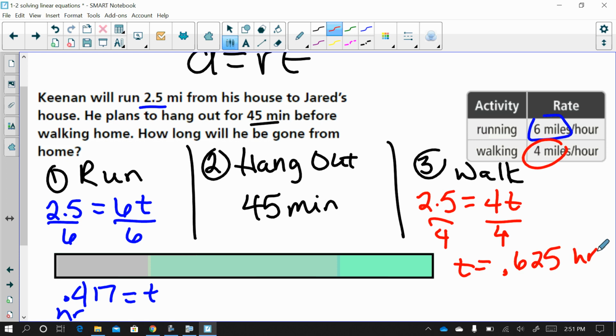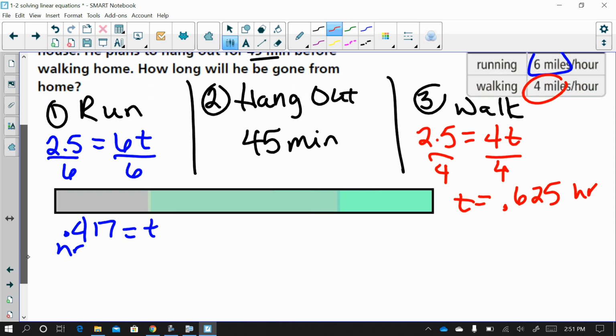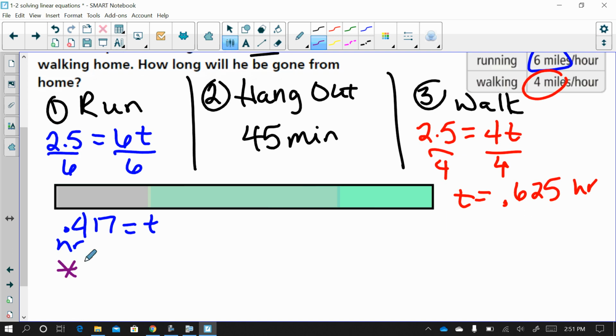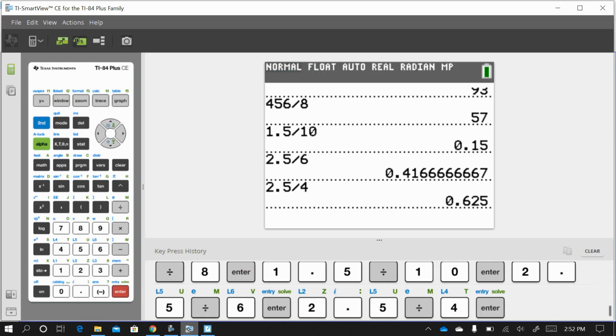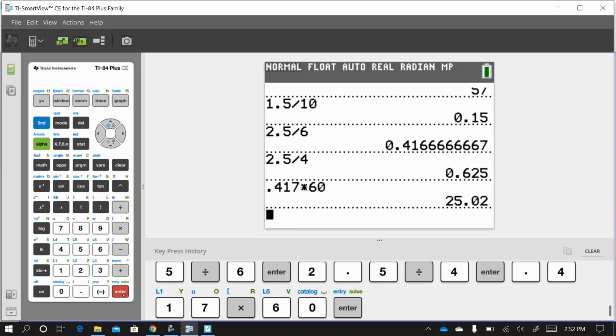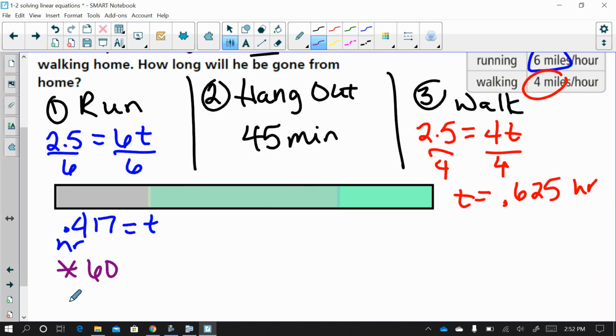So how long will I be gone? Does 0.417 of an hour mean anything to you? Doesn't mean anything to me. So to go from hours to minutes, we're just going to multiply by 60. 0.417 times 60 is 25 minutes.